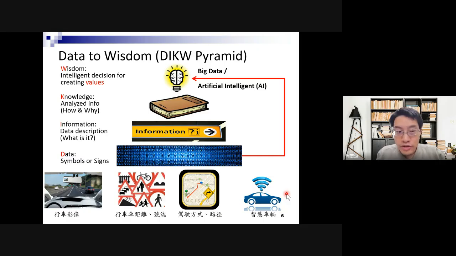Those are the information. The knowledge is probably the rules for driving, so we have to be able to control our car in order to follow those rules. And the wisdom is how exactly we can drive the car by computer, following the rules and making sure the driving is safe.